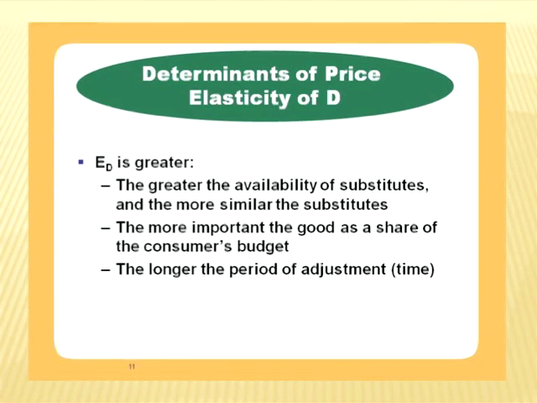But to the extent that there are a lot of choices, then our response will be greater. This is why an increase in the price of gasoline bothers you, but an increase in the price of Cokes is an aggravation, but doesn't seem to be a major thing, because you have fewer substitutes for gasoline than you do for Cokes. If you increase the price of Cokes, then you just buy Pepsis instead, or vitamin water, or something else.